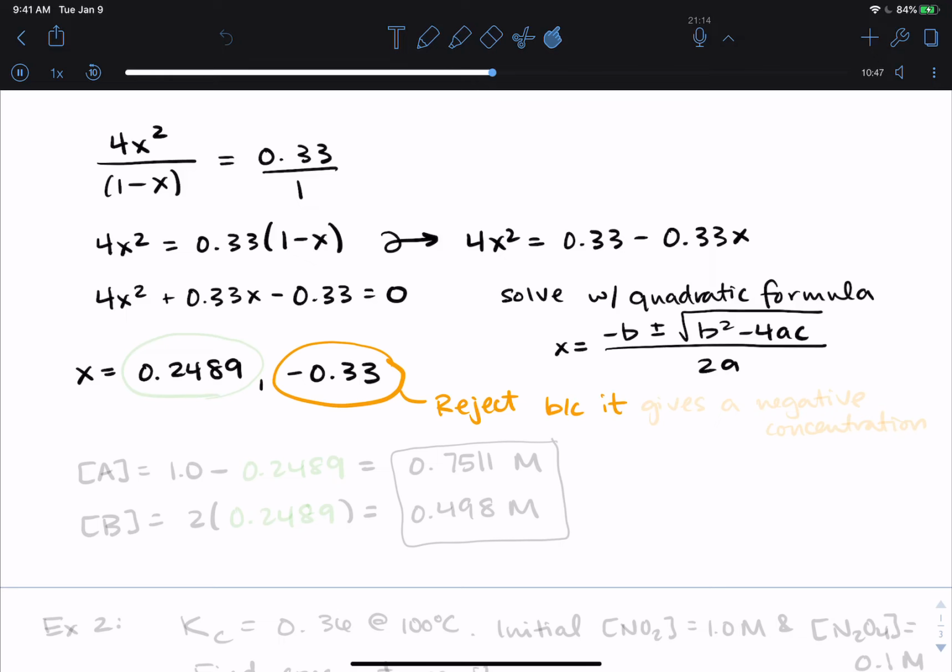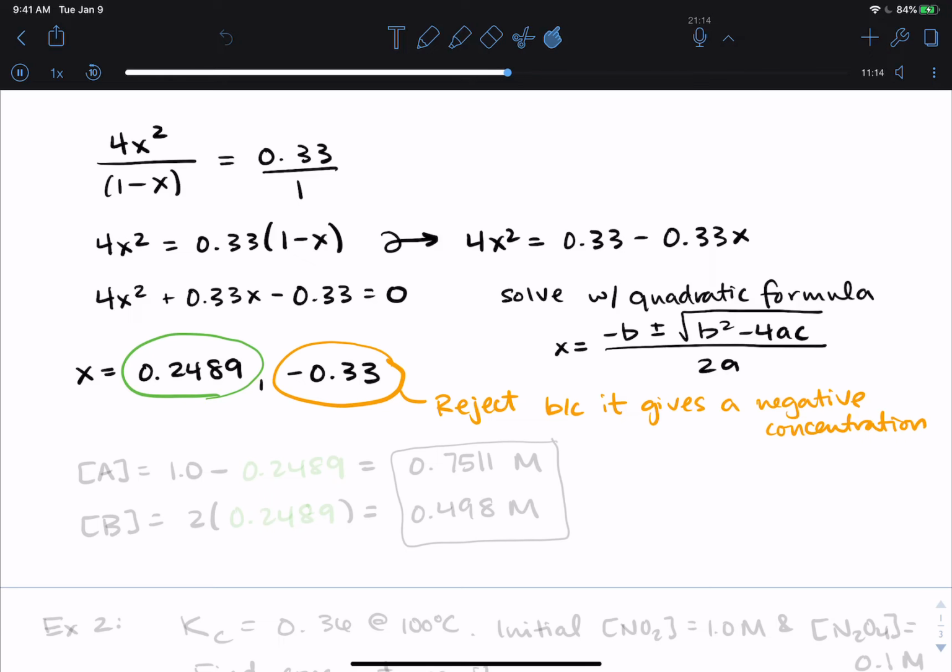So we reject because it gives a negative concentration, which means my actual answer is 0.2489, but that is not the answer to my problem. This is just the value for X that I have solved for.